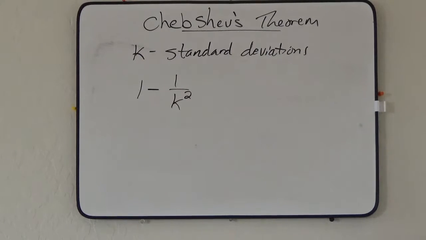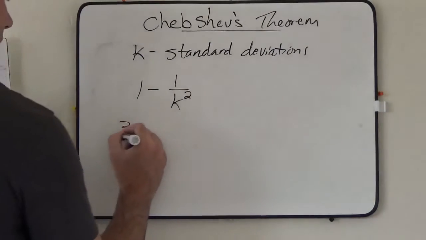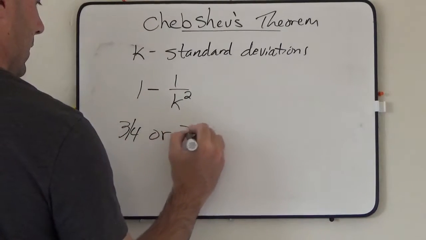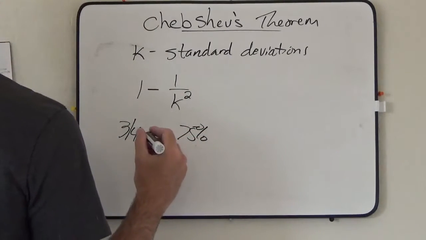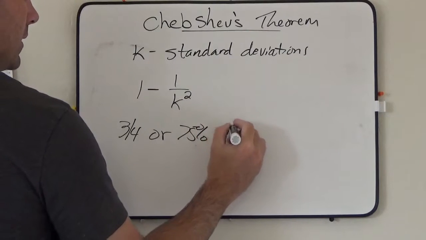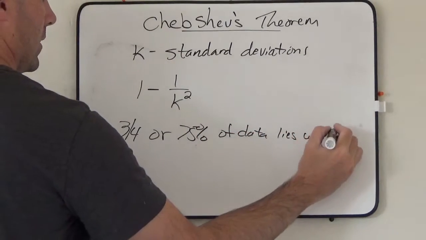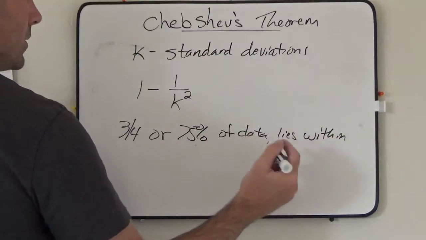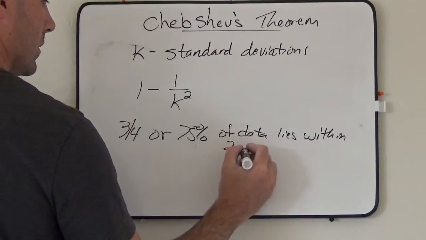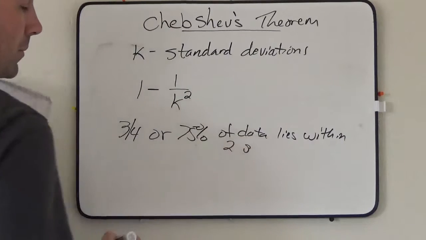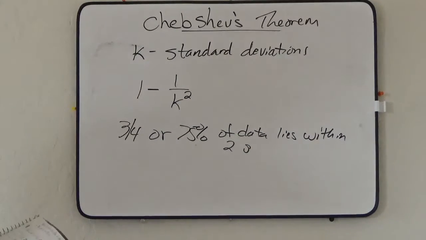That means 3/4 or 75% of data lies within two standard deviations. I'm just going to put S, 2 standard deviations.